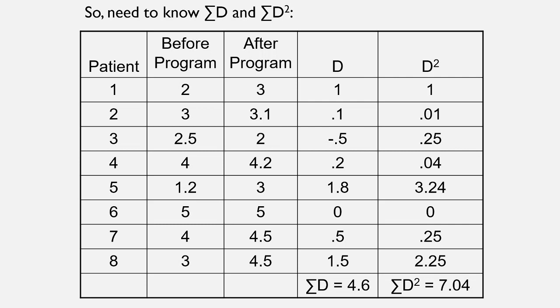And it would not necessarily be because there were no differences, since some of the difference scores can be positive and some can be negative. Just summing up the difference scores might not get you the full picture of how much difference there was. So you need both of these things, the sum of the difference scores and the sum of the squared difference scores.